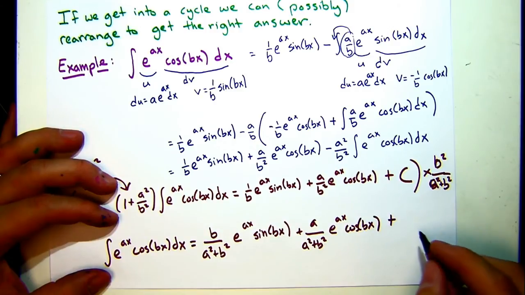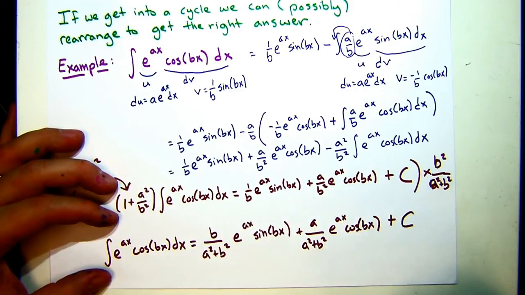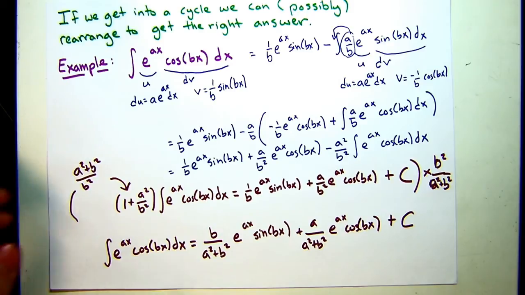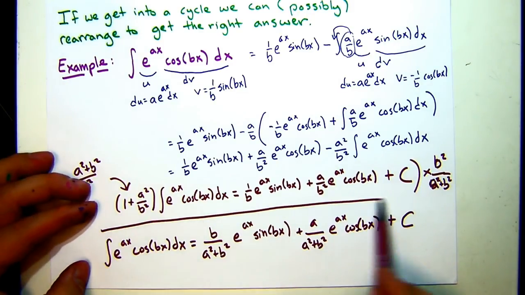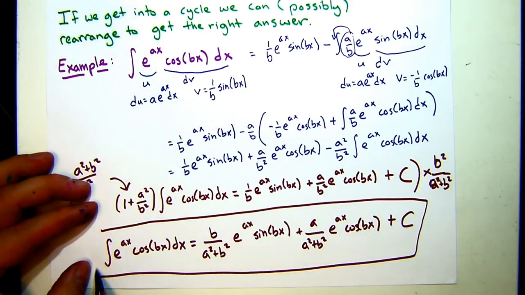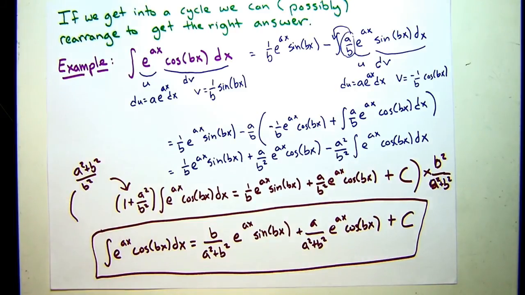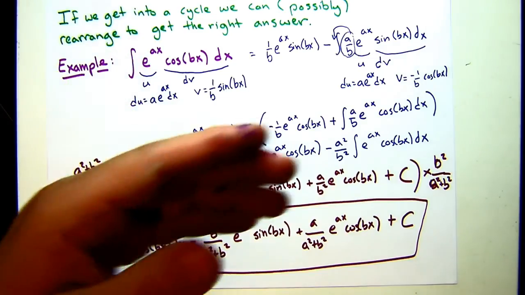And then I have c times a constant, but a constant times a constant is a constant. So I'll write it like that. And thus, we have found the antiderivative of e to the ax times cosine bx dx. And what did we do? Well, we set it up.